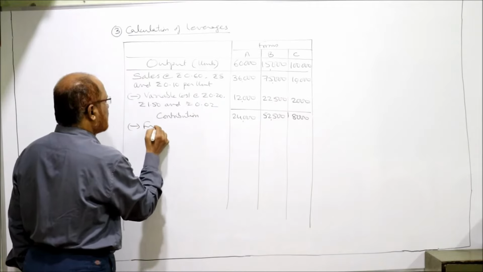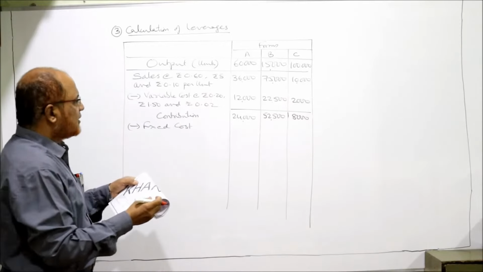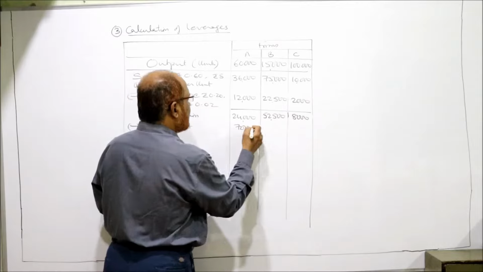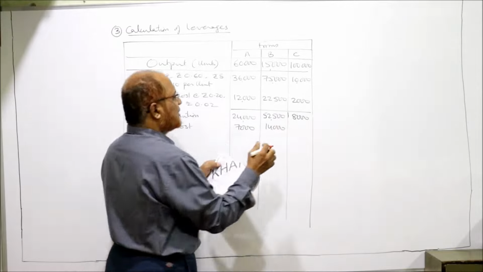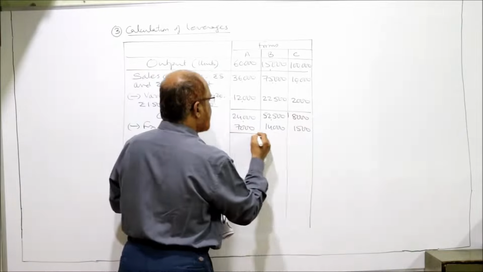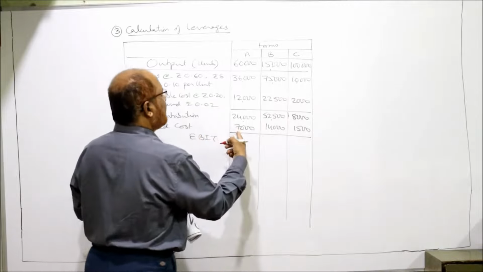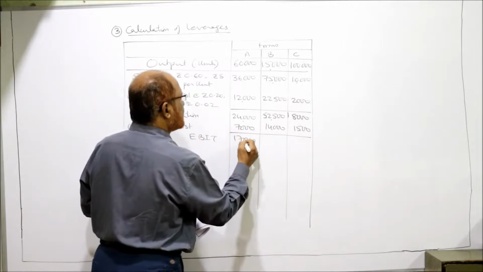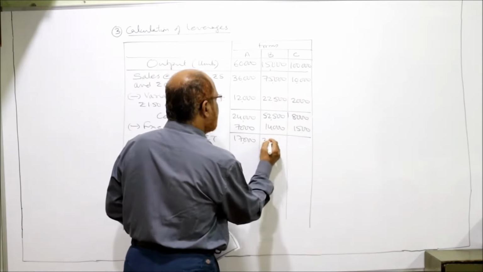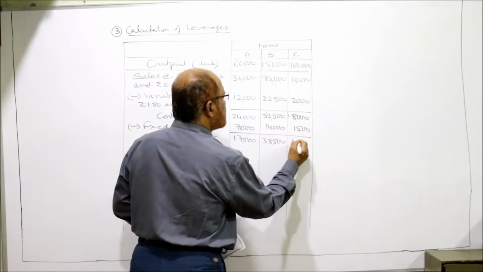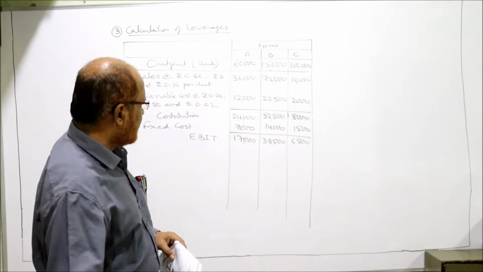From contribution, we subtract the fixed cost. The fixed cost is given in the problem: A 7,000, B 14,000, C 1,500. Thus you will get EBIT. So 24 minus 7 is 17,000. Is that right? 17,000. Then 38,500. And lastly 6,500. Check the amounts: 17,000, 38,500, 6,500.